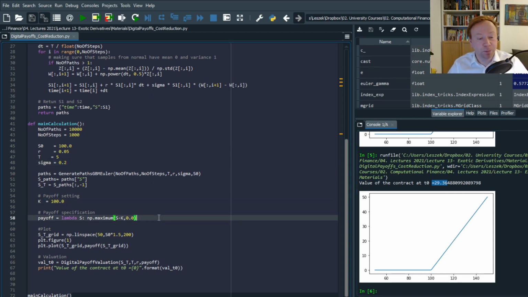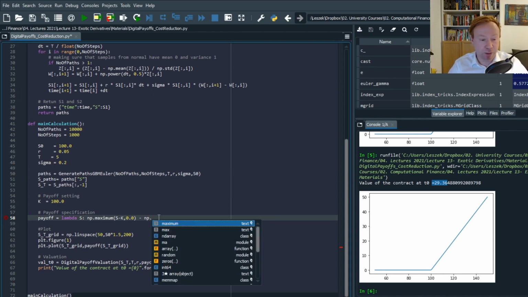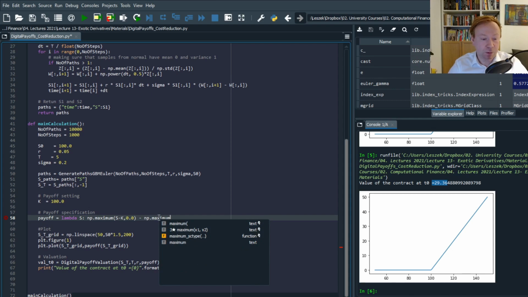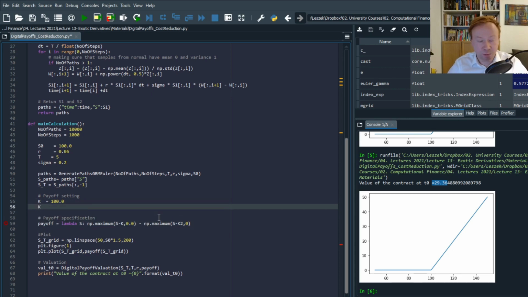So what we have to do here is change this payoff specification: we will have a maximum of S minus K2, 0, and K2 we define as 120.